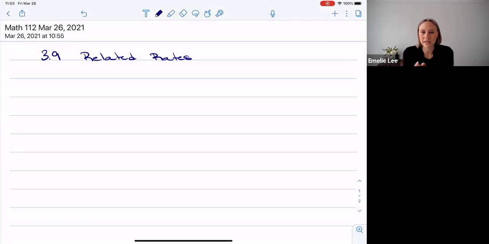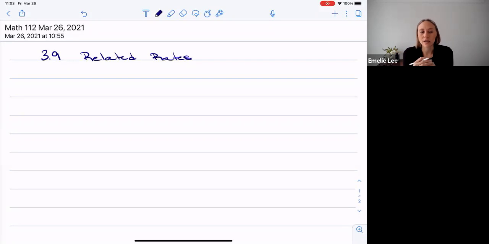The thing about related rates is, well, we know that the derivative is the rate of change, right? And so what we're actually saying is that we're going to have related derivatives. Sometimes one rate of change might be easier to find than the rate of change that you're actually interested in.